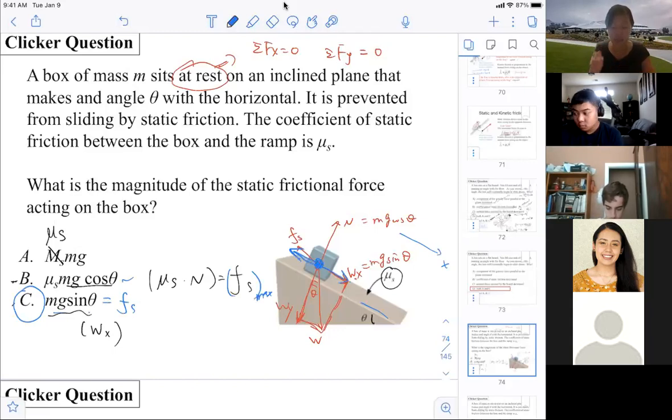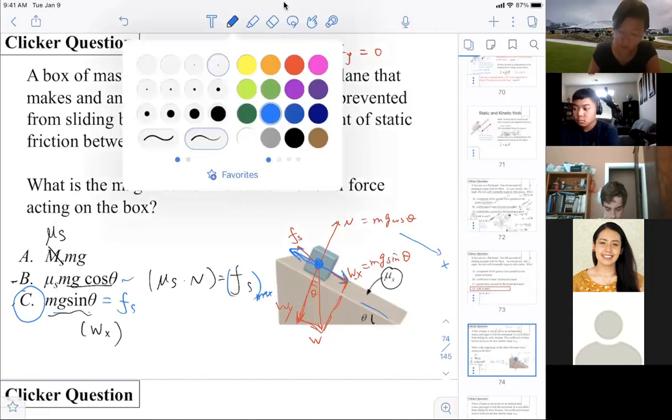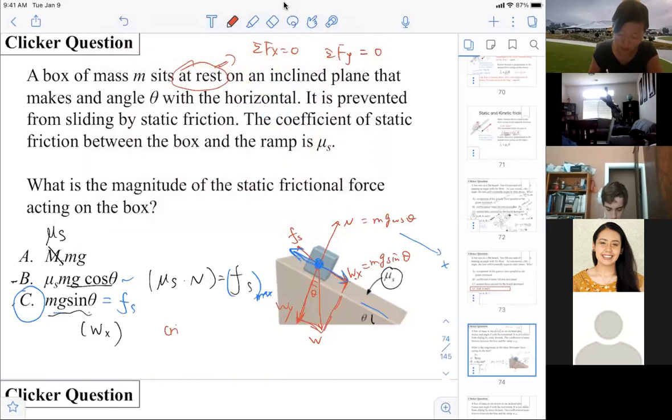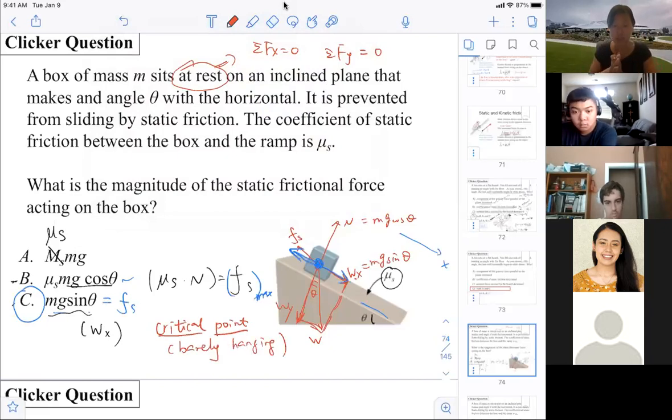If we are at a critical point, where it's just barely hanging there, almost going to slide, then what can we come up with?